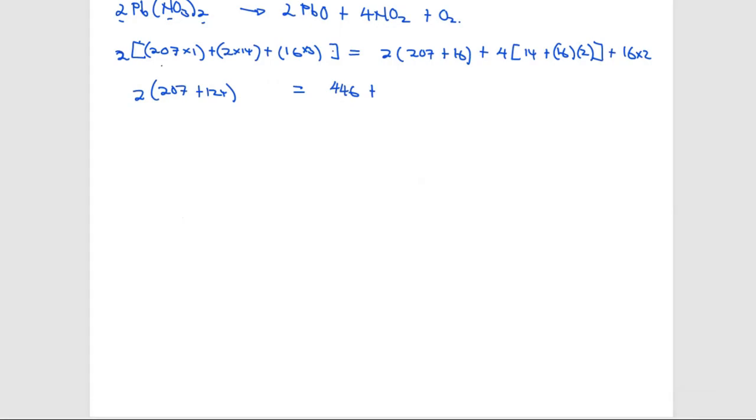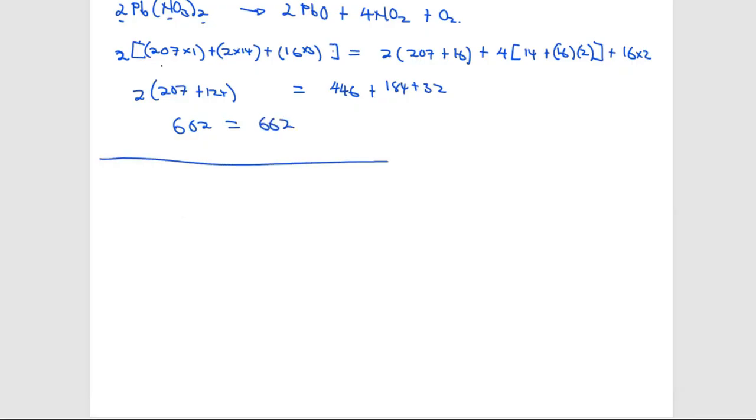Then I'm going to add plus our 184, then plus our 32. So if you equate these two, you get a value of 662 on the left, which is equivalent to 662 on the other end.